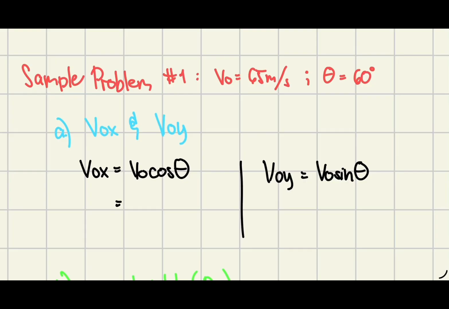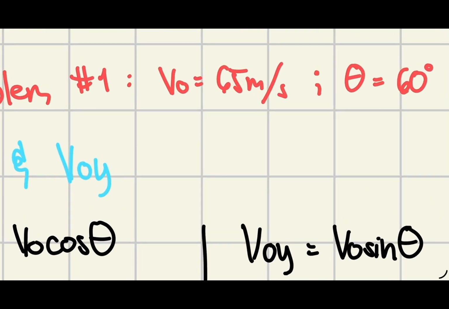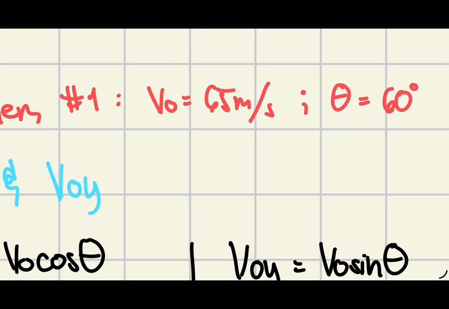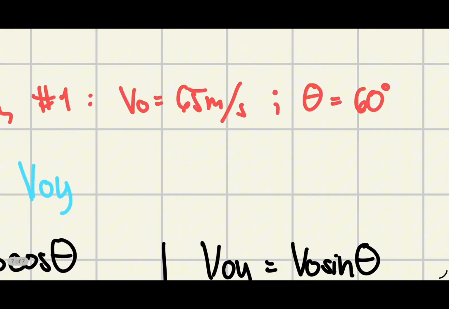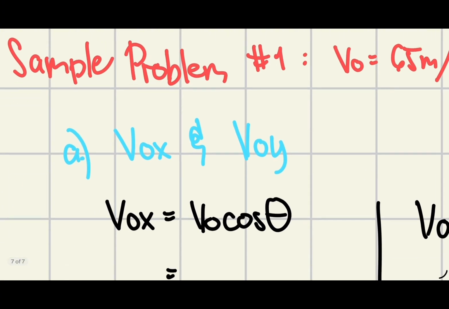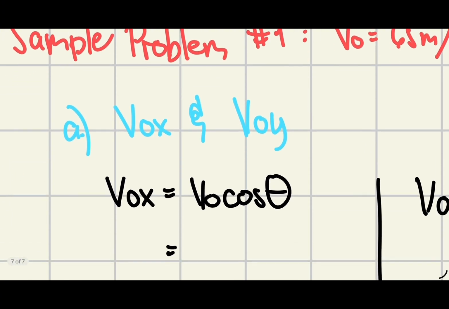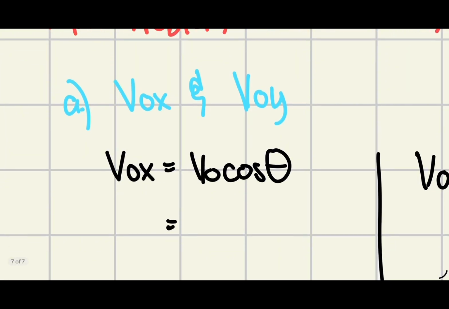For sample problem number 1, we are given the initial velocity of 65 meters per second and the angle of projection, which is 60 degrees. Now, to solve for letter A, we have to solve for the horizontal and the vertical components of the initial velocity. So, the formula to solve for the horizontal component is initial velocity multiplied by cosine theta.